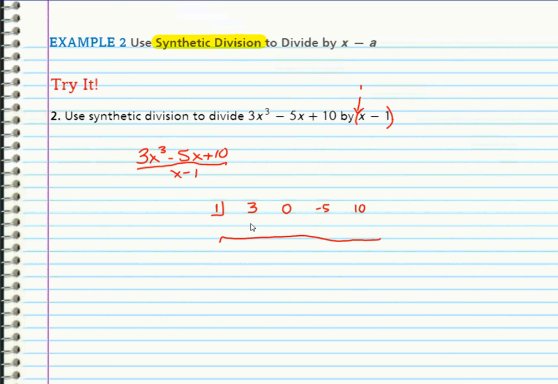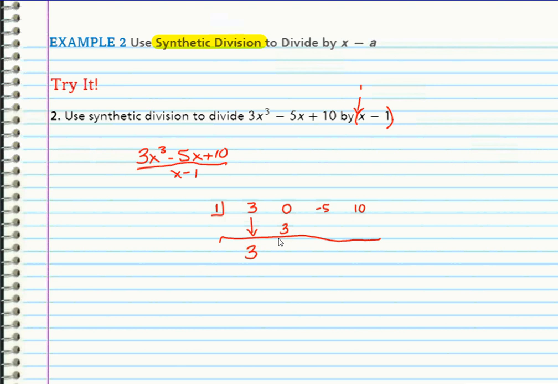The first thing you do is drop the 3 straight down. You drop the 3 straight down, and you multiply. 1 times 3, you put the 3 here.